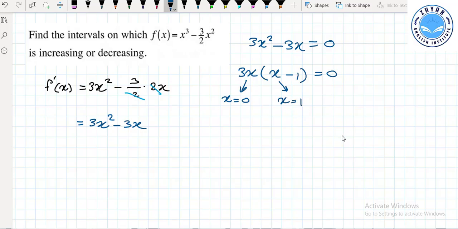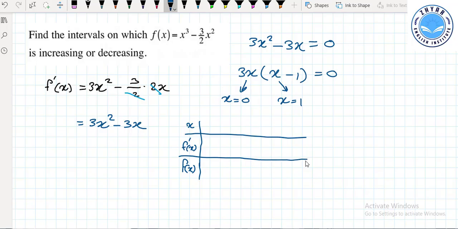Now I have two critical values. I'm going to make a table. The table contains x, f prime x to see if it's positive or negative, and f x to see if it's increasing or decreasing. These numbers, we always write the smaller one on the left, the larger one on the right.